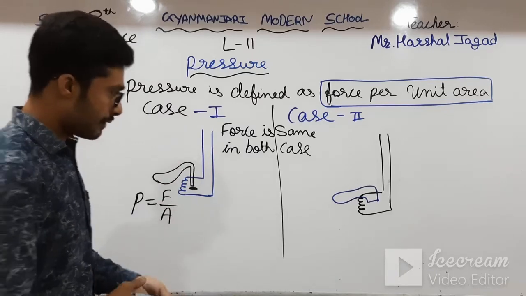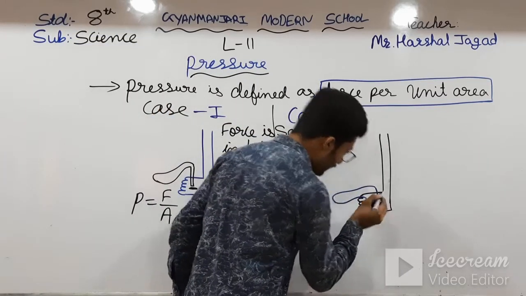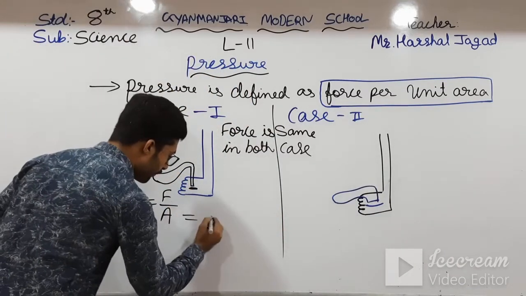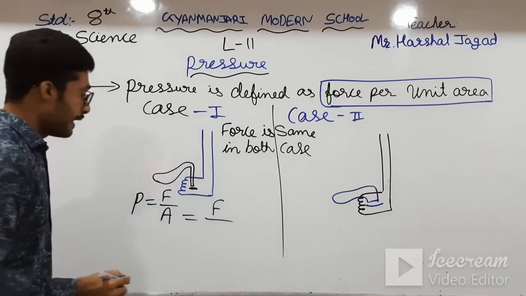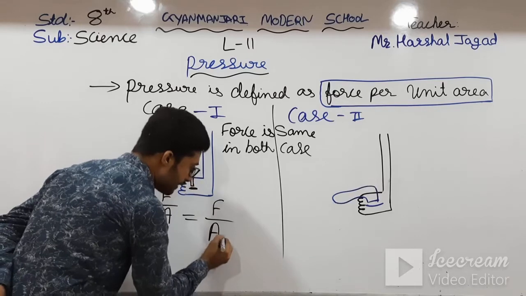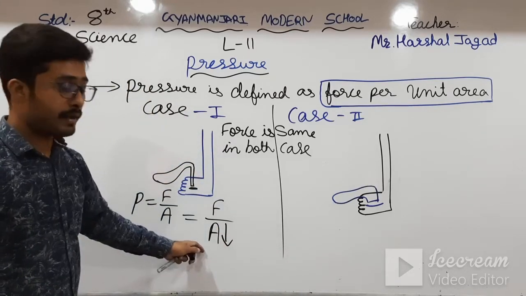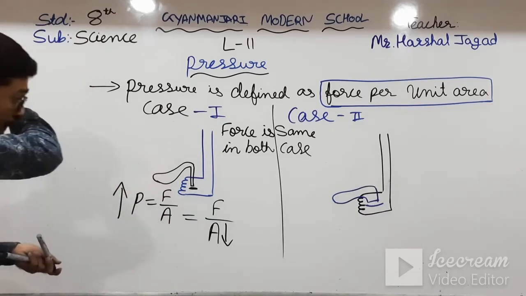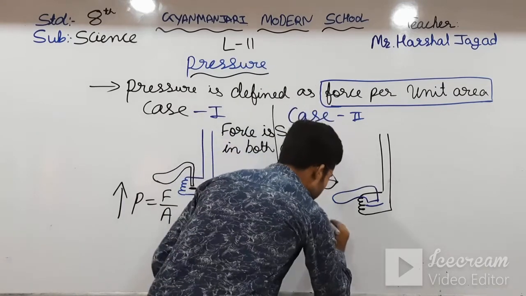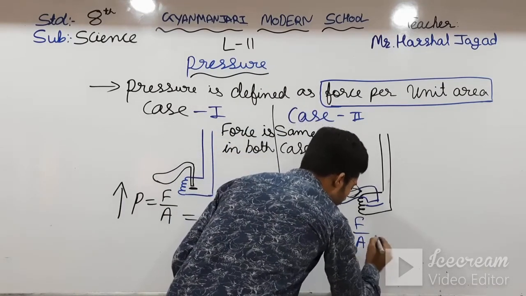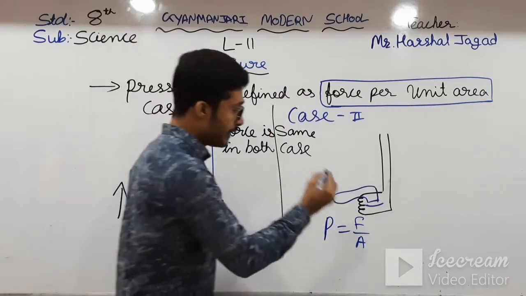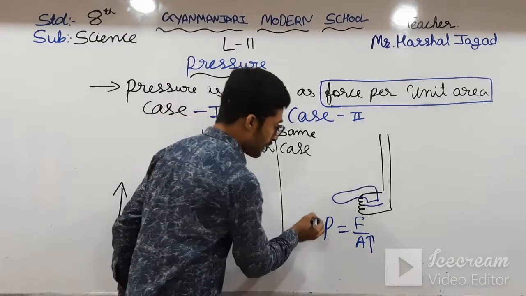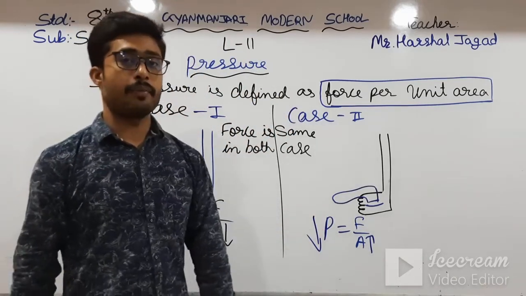Here the area is small and here the area is big. As the force is same, but here the area is less, means the denominator is less, then we get the answer big. And here the area is big, that is P is equal to F upon A. If the denominator is big, the answer that we get is less. So we get the pressure less.